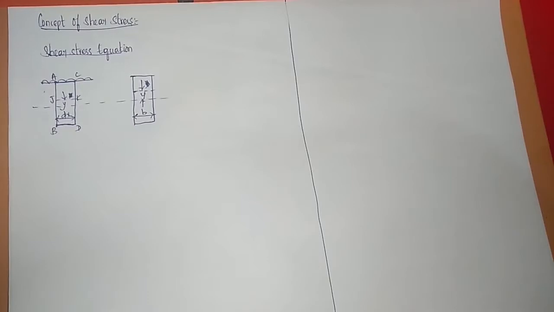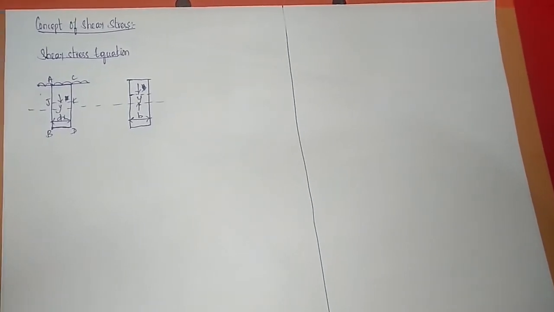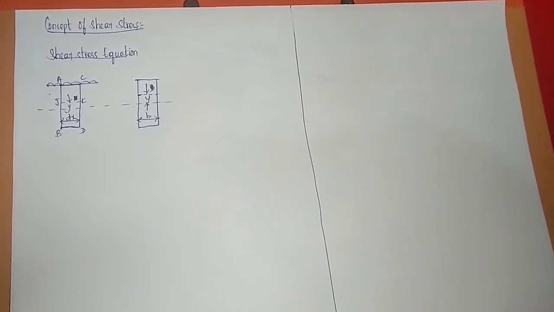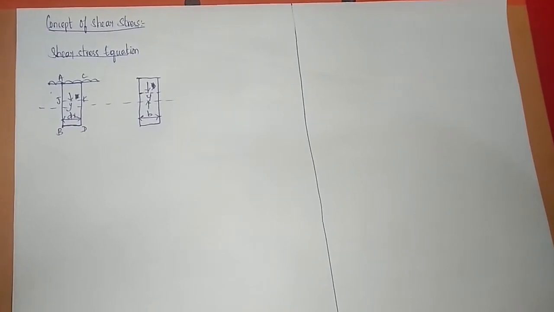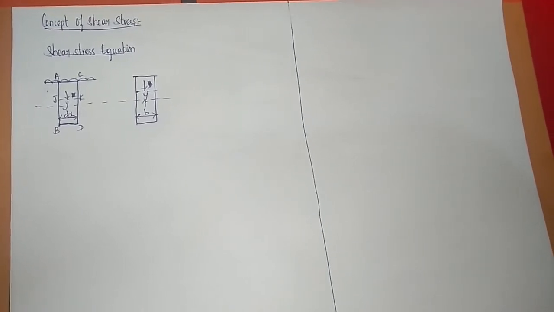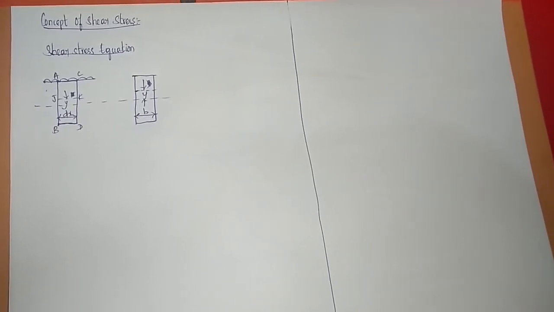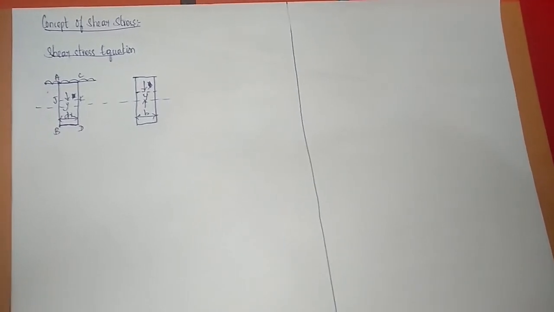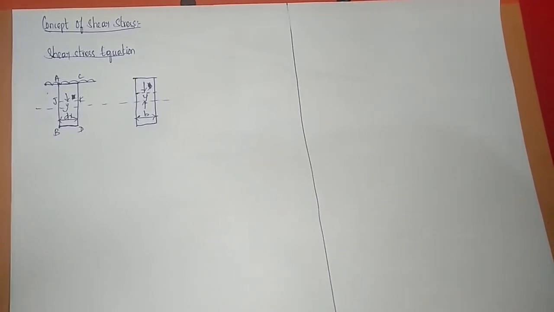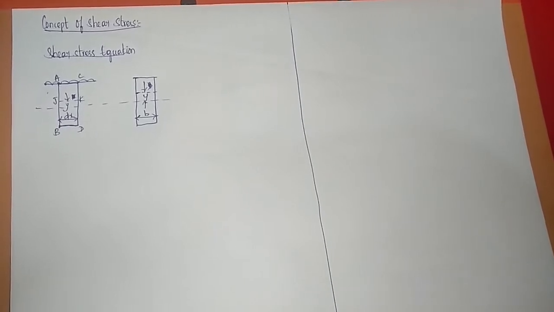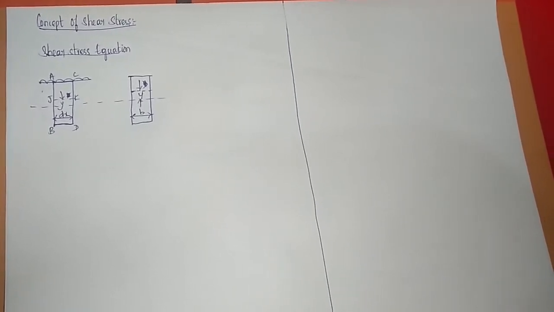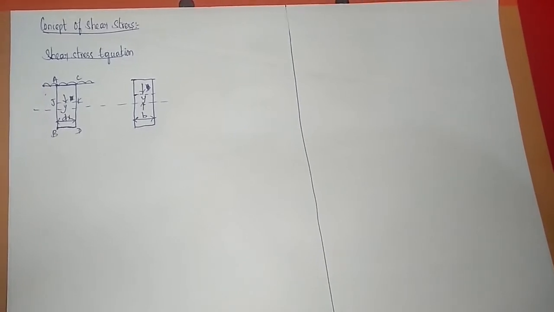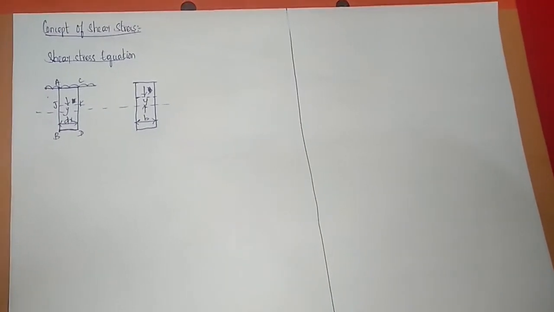I showed you with figures how bending moment and shear forces act on a beam, what type of cracks form on a particular beam due to shear stress and bending moment, how to analyze them and draw the diagrams, and how they look. Everything we studied in unit number 3.